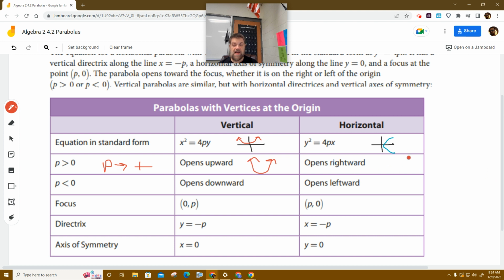And if it's positive and it's horizontal using this equation, it will open to the right. Now, if p is negative, then we know this too. It will open down. We're kind of used to this. Now, if it is horizontal using this equation, it'll open to the left.